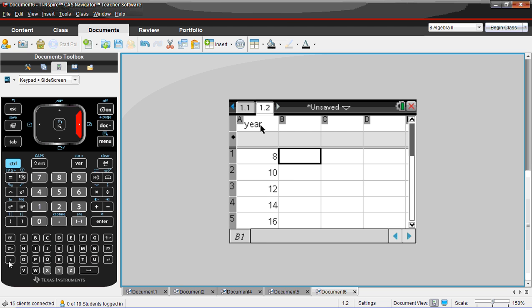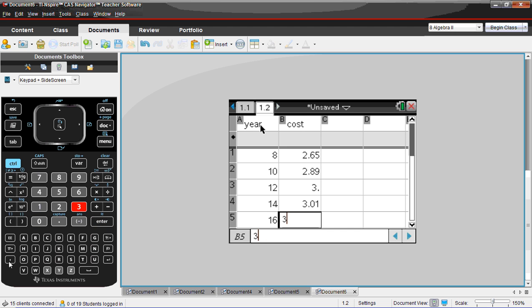I want Y to be my cost. So I'm going to name it cost. And what cost was $2.65, $3, $3.11, $3.20, $3.77. Right? So far so good. So I have the information.